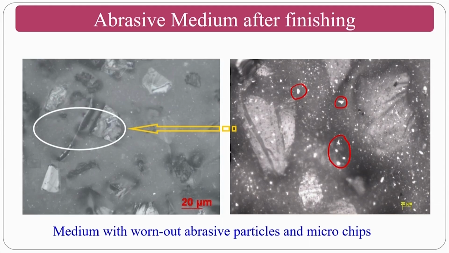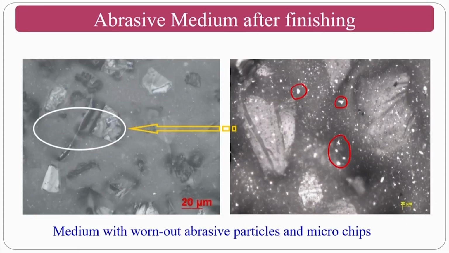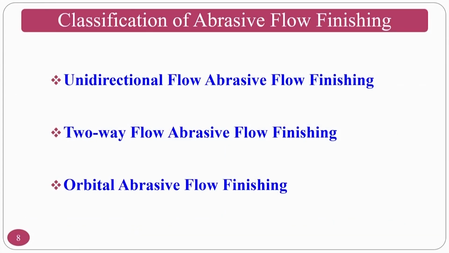The mechanism is completely random because your particle location is random and particle shape is random, and many randomness are there because it is a two-phase medium and it has to remove by virtue of polymer A, polymer B, and many things, because of the medium compositions, which we will see in the next slides. So, for the classification of abrasive flow finishing process, there are normally 3 varieties.